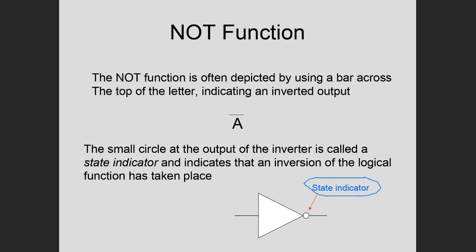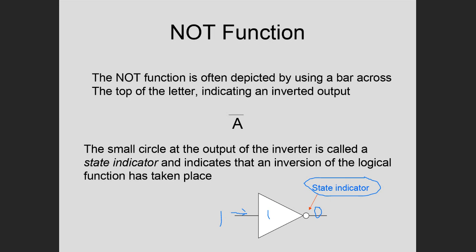Say I have a 1 here on the input. That 1 is fed into this gate, and when it hits the bubble, it flips over to a 0. Or if I start with a 0 over here, when it hits that state indicator, that's when the inversion takes place. It flips that to a 1.